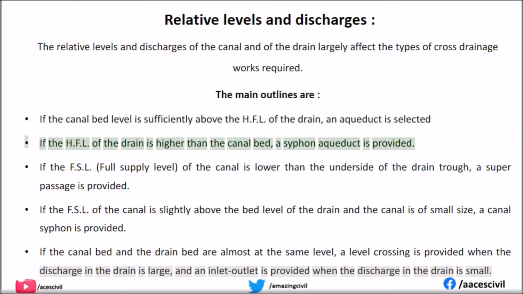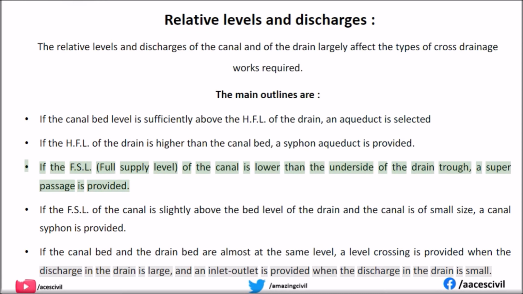If the H.F.L. of the drain is higher than the canal bed, a siphon aqueduct is provided. If the FSL, full supply level, of the canal is lower than the underside of the drain trough, a superpassage is provided.